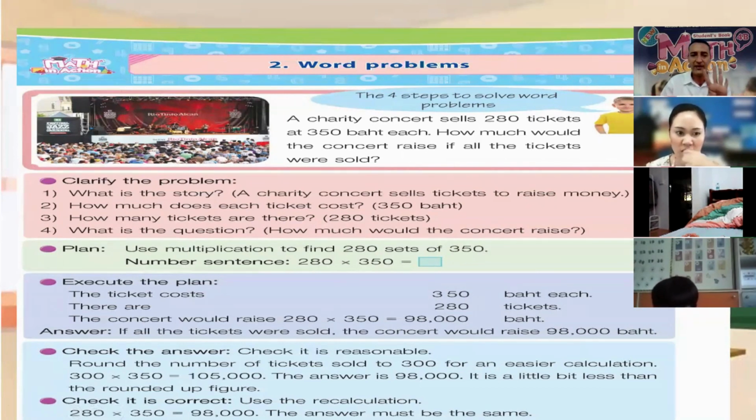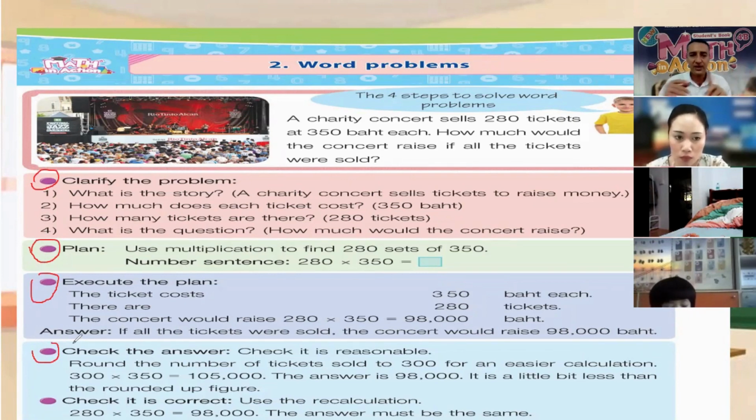There are 4 steps to solve the problem. Step number 1 is clarify the problem. Step number 2, make the plan. Step number 3, execute the plan. And step number 4 is check the answer.